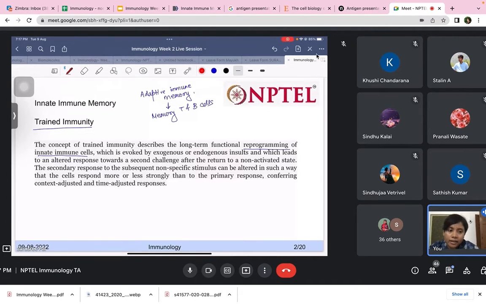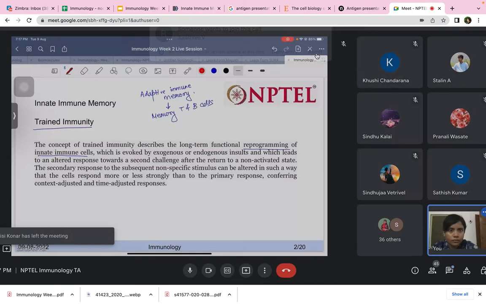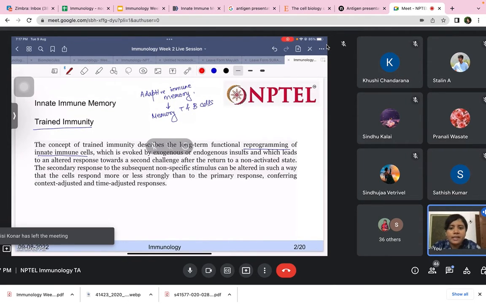And because of this previous memory, it leads to an altered response towards a second challenge. Like, suppose this pathogen is reinfecting, then these innate immune cells recognize it, they remember this pathogen, and because of which in the second infection, there is a secondary response that is generated, right?